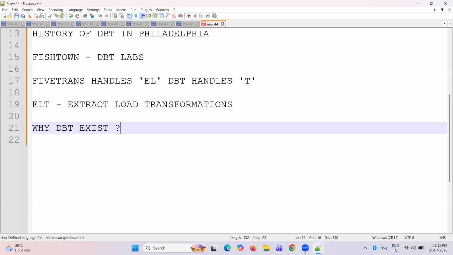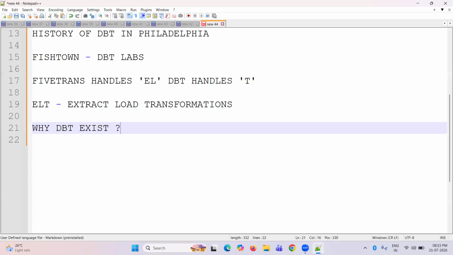We already have Snowflake and can run SQL, so why do we need DBT on top of it, on top of Redshift, BigQuery, Databricks, and other data warehouses?